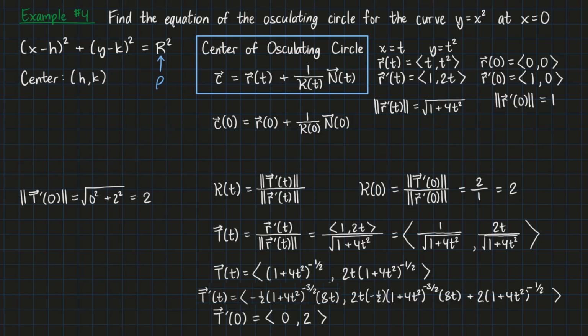The last part of the formula is to find N. The unit normal vector equals T prime over the magnitude of T prime. So N of 0 equals T prime of 0 over the magnitude of T prime of 0. And by the way we found curvature earlier, here's T prime of 0, here's the magnitude of T prime of 0.